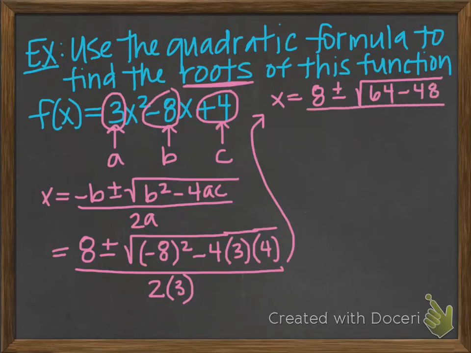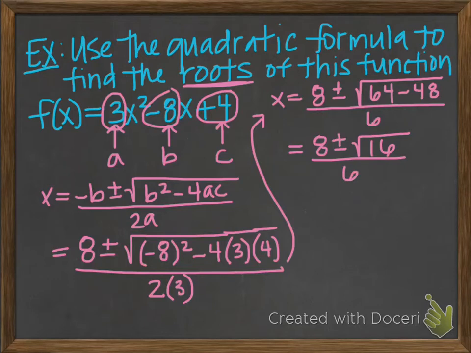And remember, this is all over the 2 times 3, which is 6. So we're going to keep simplifying. We've got the 8 plus or minus 64 minus 48 is 16, so square root of 16 all over 6.